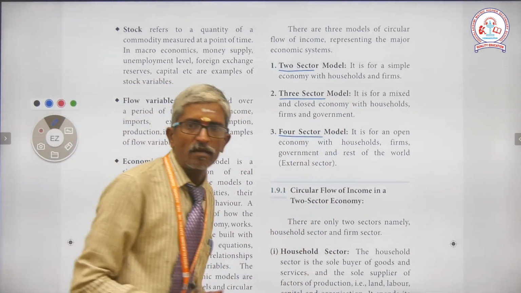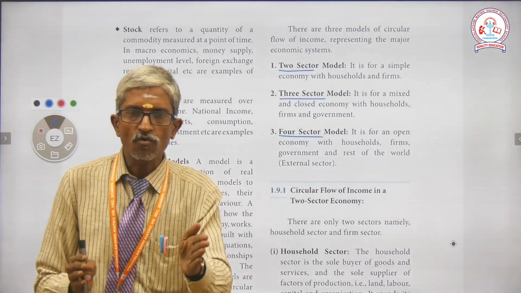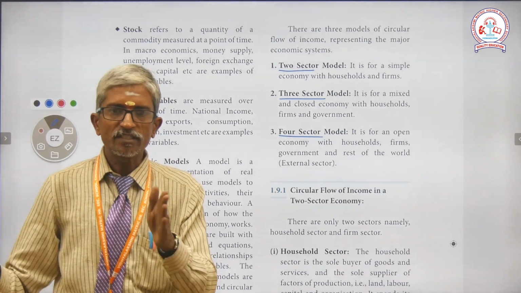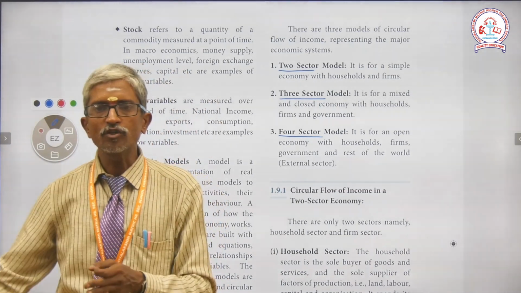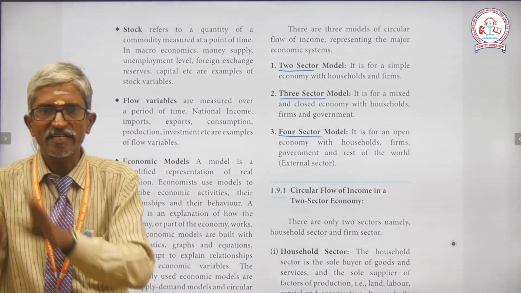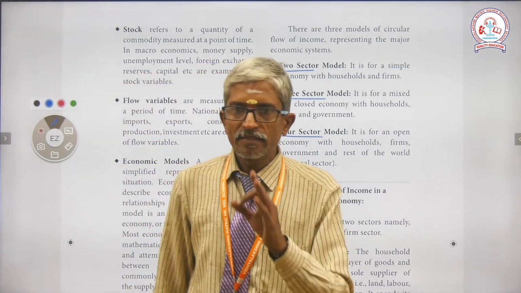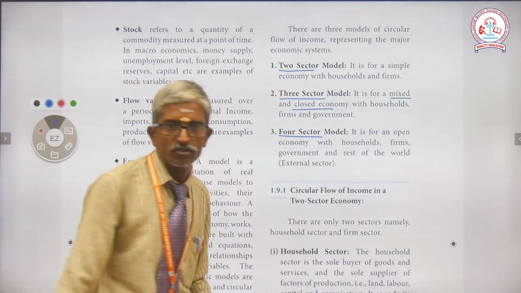Okay, what is the 2 sector model? First of all, it is simple: the relationship between household and the firms. Firms are producing the goods for households. In return, the households purchase the goods produced by the firms. So it is very simple. The contact between 2 parties. Next, number 3, the 3 sector model. It is also called mixed and closed.